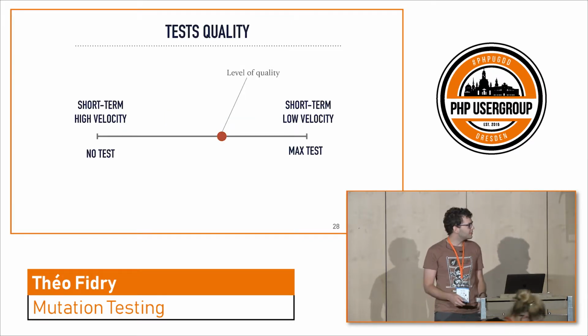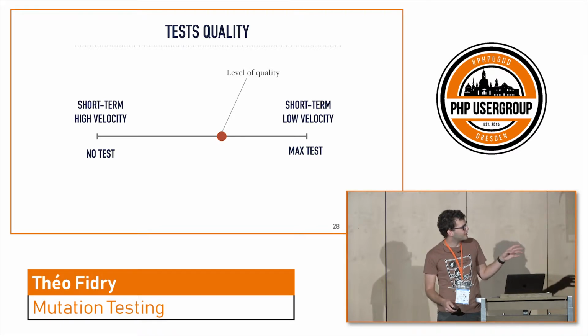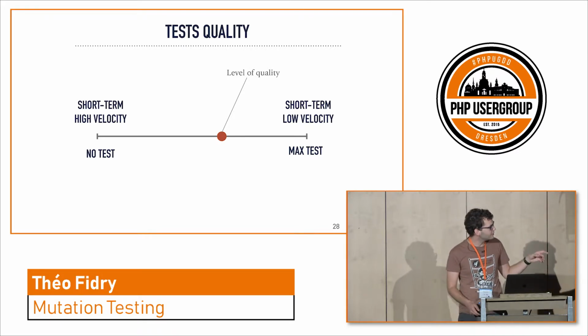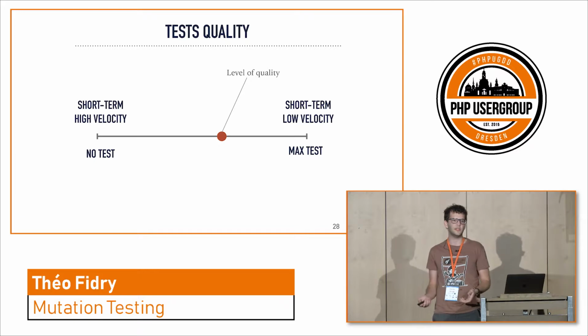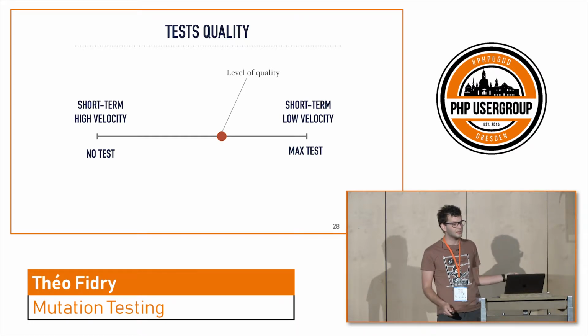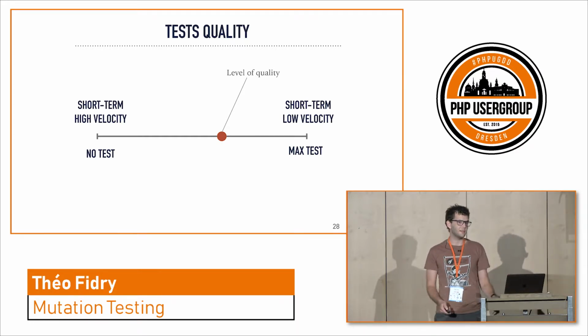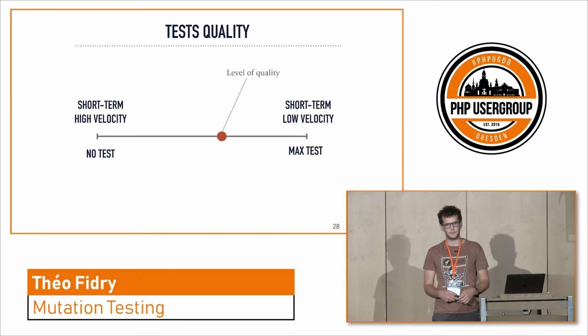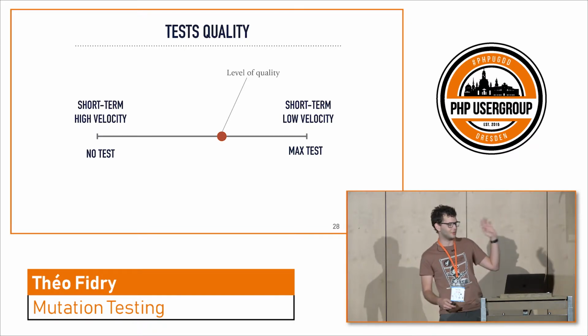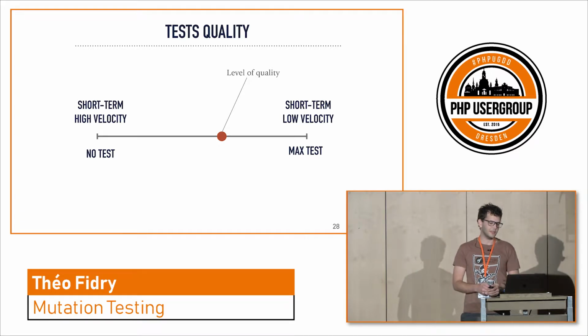All of that to bring you to that graph. So you have this segment with the cursor, which is your level of quality of your program, that includes your tests. On the left-hand side, you have no tests. And on the right-hand side, the maximum number of tests, which in practice you can never really achieve, but it's more like something you should go towards.